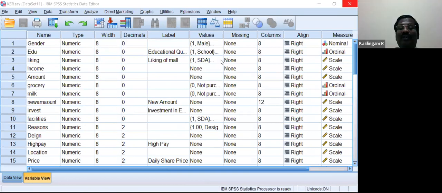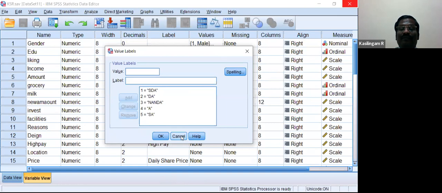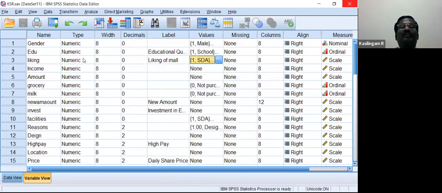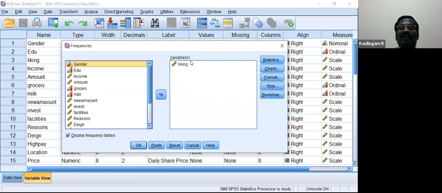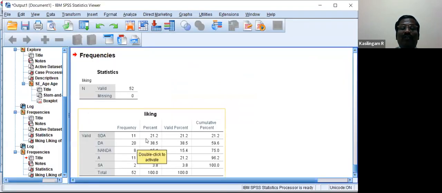Liking is a 5-point scale. Analyze, descriptive statistics, frequency, liking. First, let me do a simple frequency, then you will get this answer: strongly disagree 11, disagree 20, neither 8, agree 11, strongly agree 2. That is the frequency analysis.